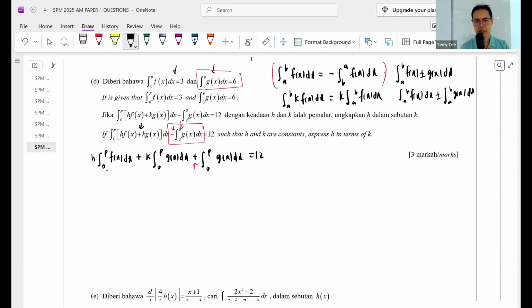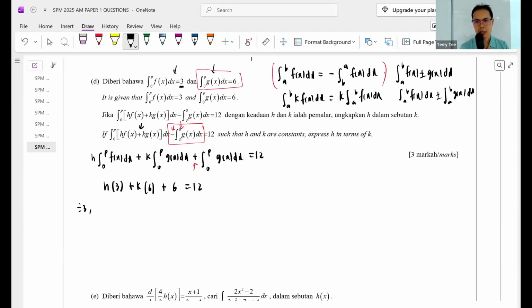Okay, the integration of 0 to p of f(x) dx is 3. So h times 3. How about this? 0 to p of g(x) dx is 6. And now, plus, what I do next? This one is another 6, right? g(x) is 6, the result is 12, right? Now, you can rearrange first or you can divide straight away.